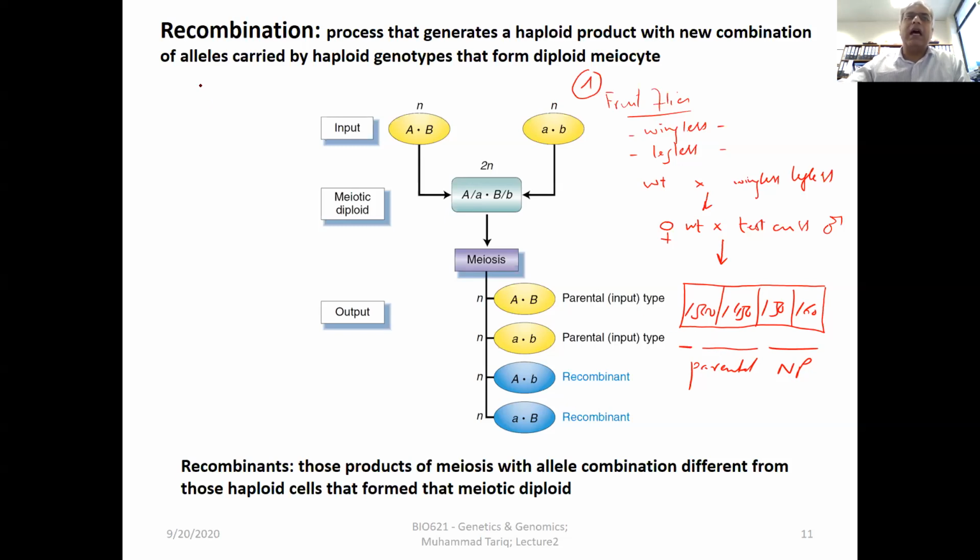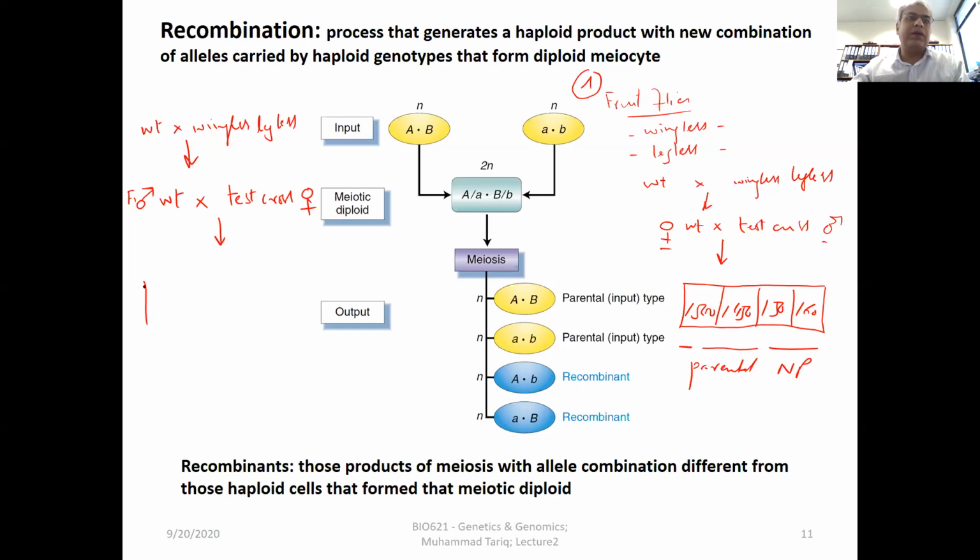Now you used the same phenotypes. You crossed wild type with wingless, legless. In F1, you received all wild type. You set up a test cross, and here the test female, and this F1 you used male.